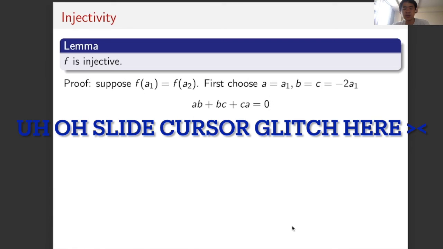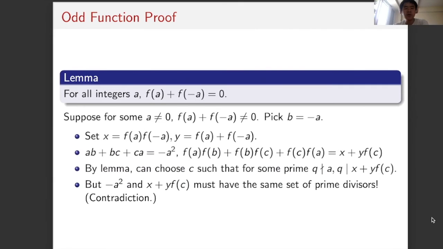f(C) times y. To go back to the original proof of why f has to be odd, suppose that for some a not equal to 0, we have f(a) plus f(-a) not equal to 0. Well, why can we assume that a is not 0? Because if a is 0, then both of these have to be 0. So let's pick b equal to minus a.